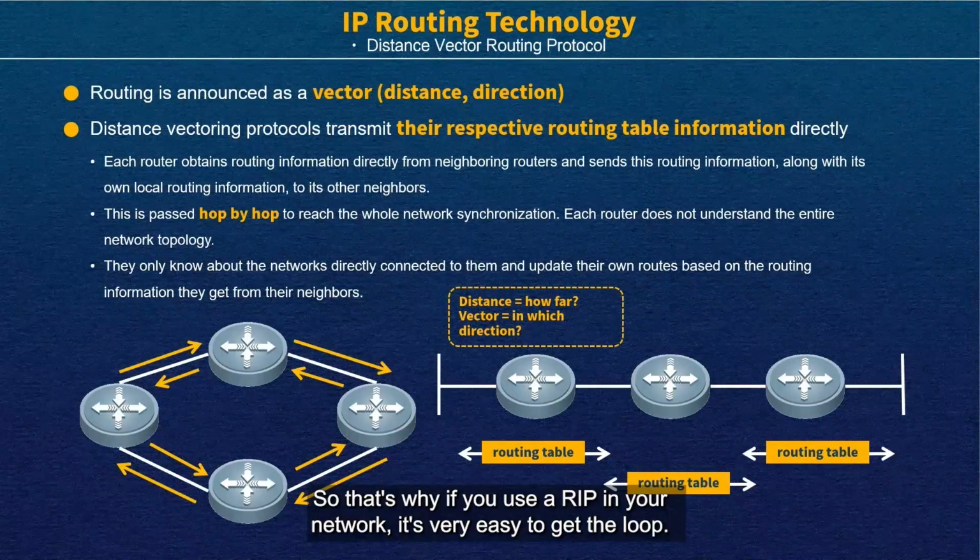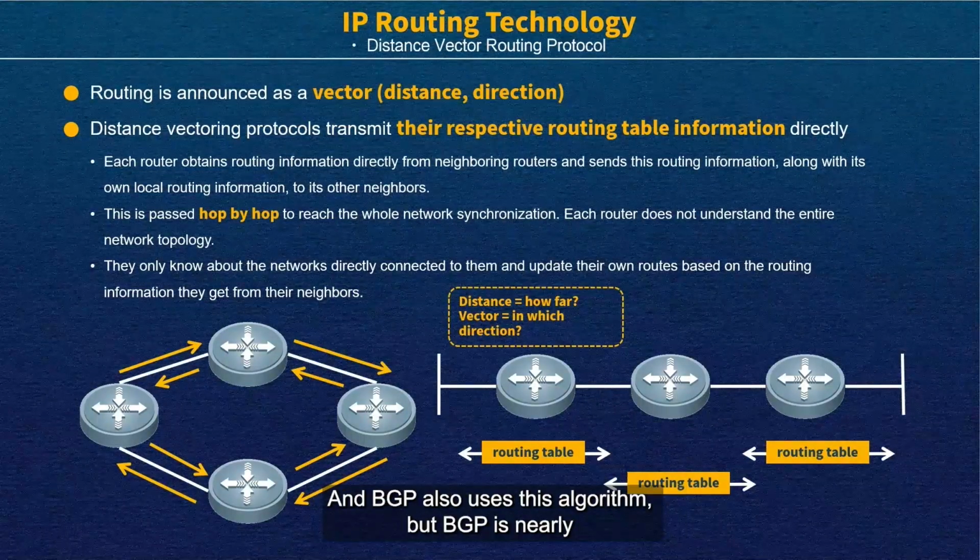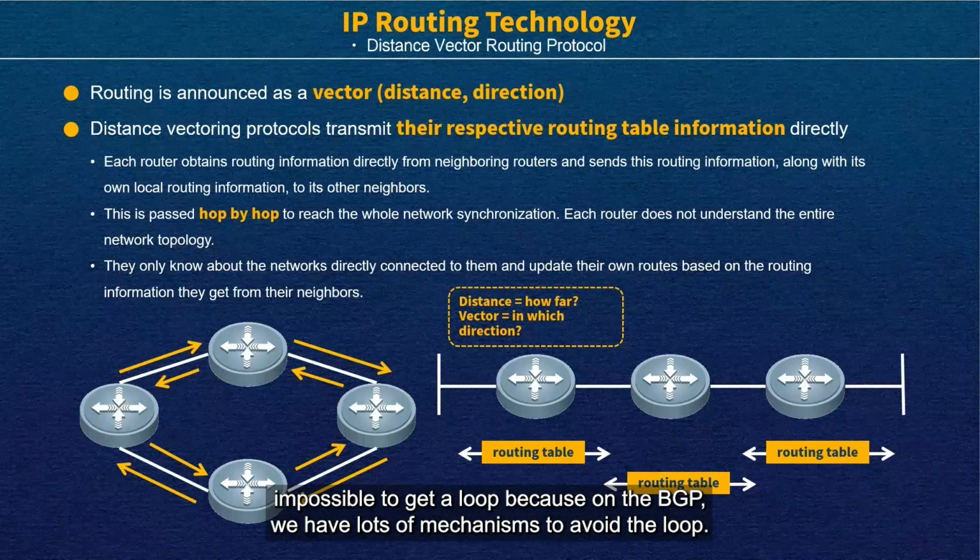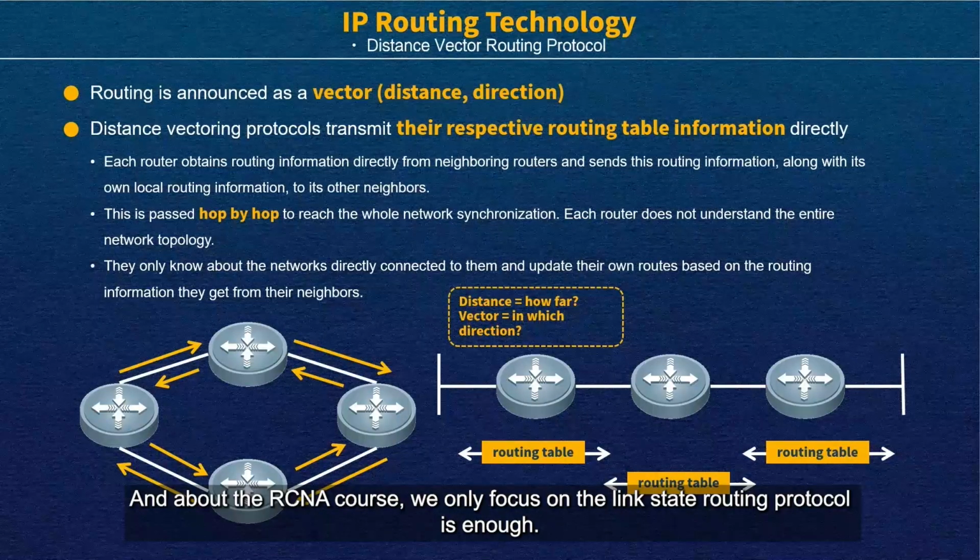That's why if you use RIP in your network, it's very easy to get a loop. BGP also belongs to this algorithm type, but with BGP it's nearly impossible to get a loop, because BGP has lots of mechanisms to avoid loops.